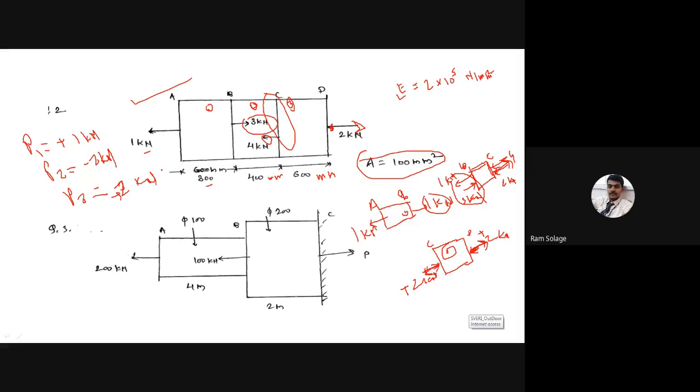And now solve the problem and find the value of delta L. Convert kilonewton into Newton. Solve the problem and find the answer. What is delta L?